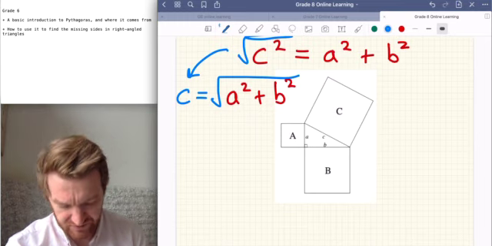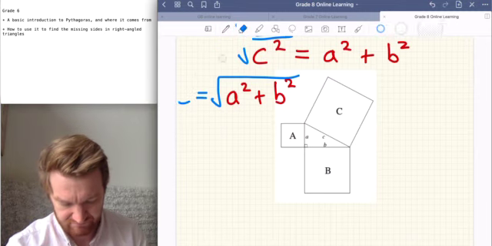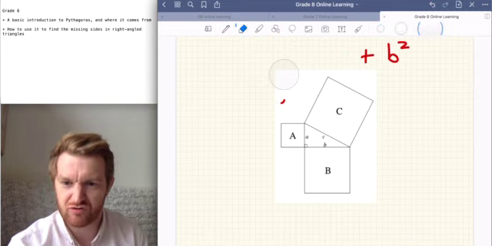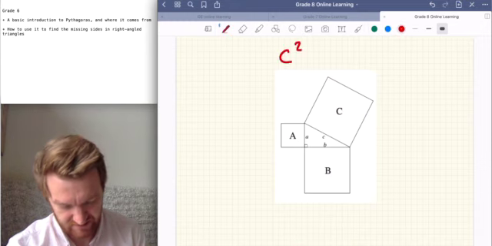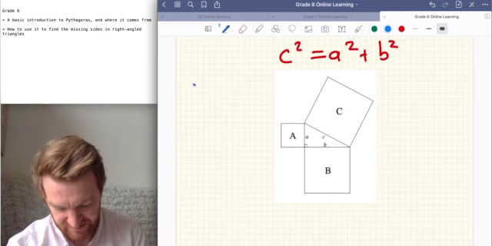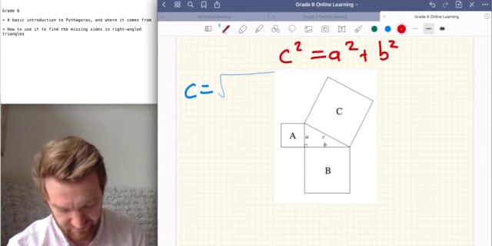What about if we wanted to rearrange this equation? And again, I did stress brief introduction. So, c squared equals a squared plus b squared. So we can say that c is equal to the square root of a squared plus b squared.